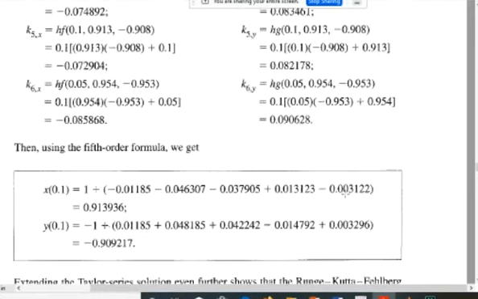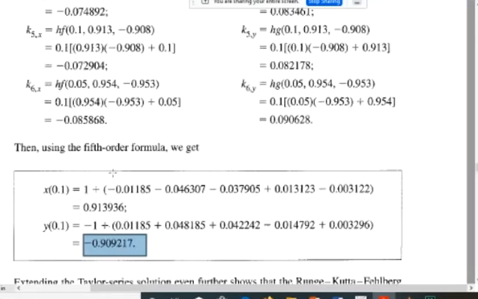And the final step of finding the values of x and y at the next step after computing the k's values is here. X 0.1 is computed. Y 0.1 is computed as well.